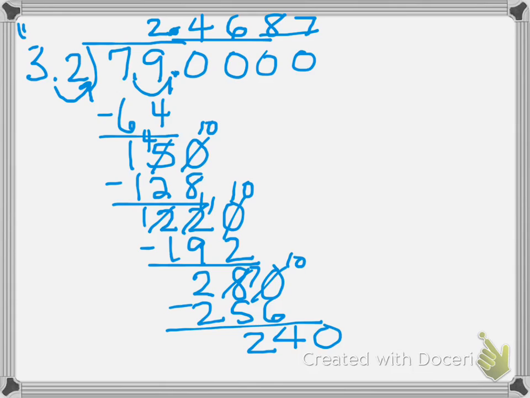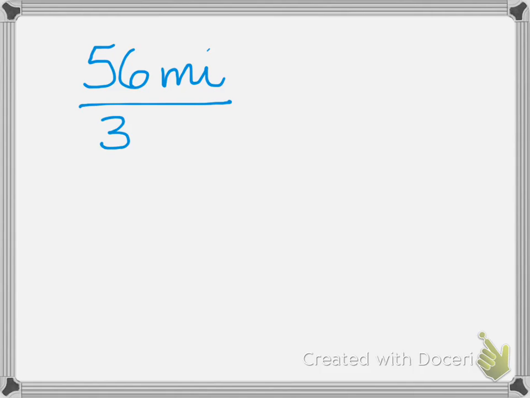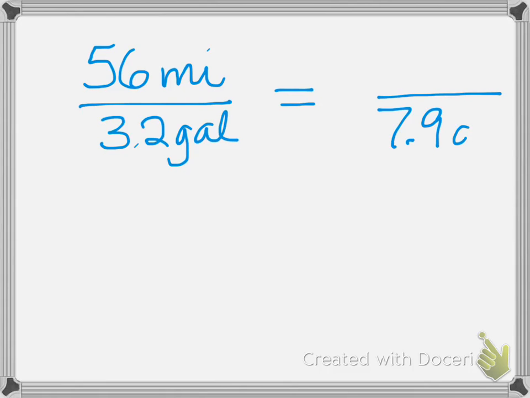So now going back to our problem, the ratio that we had was 56 miles, or the rate was 3.2 gallons, and we're going to try to figure out how many miles we could go if we had 7.9 gallons.